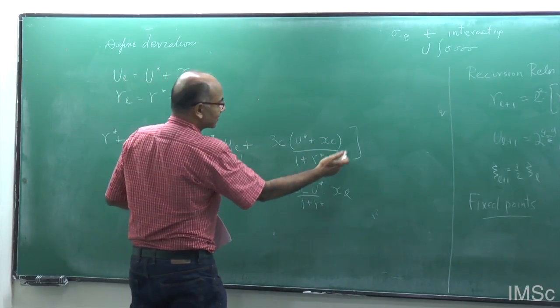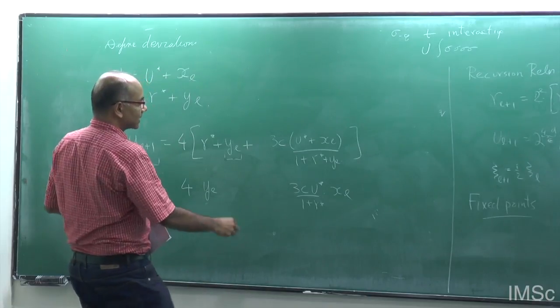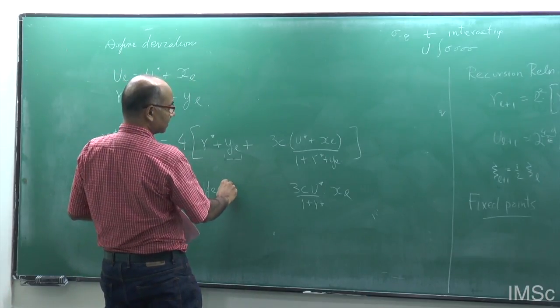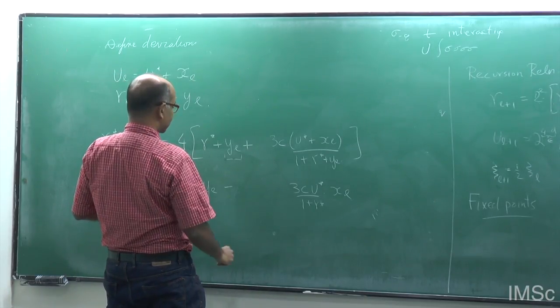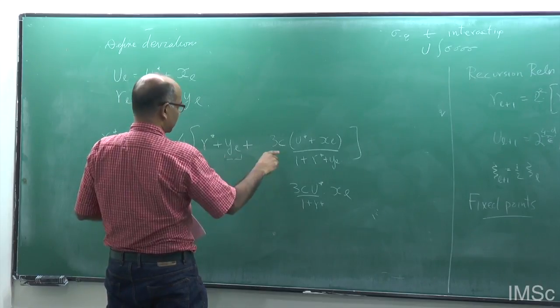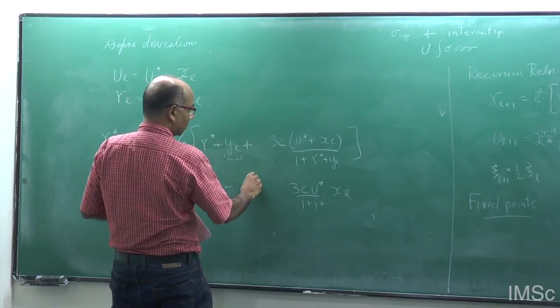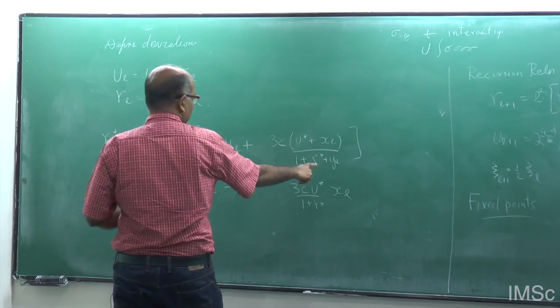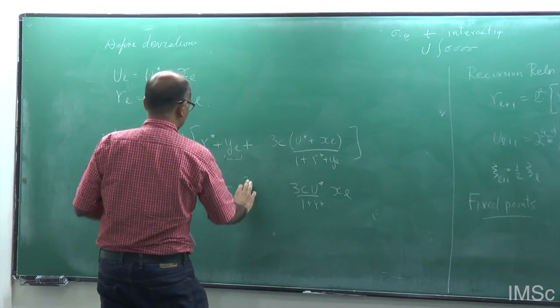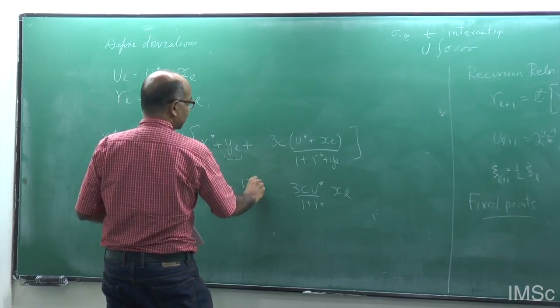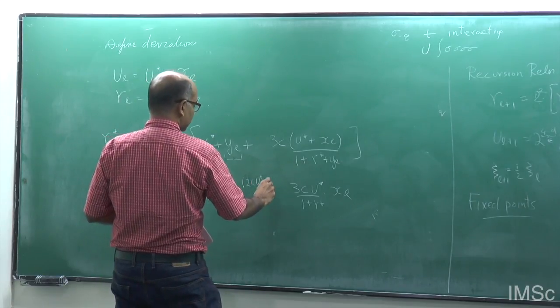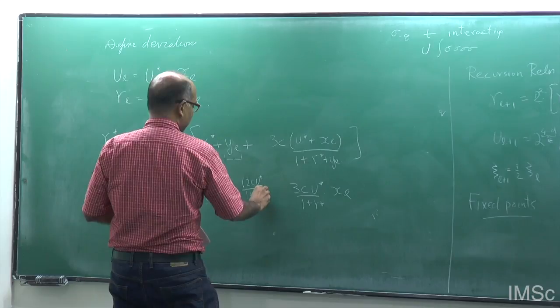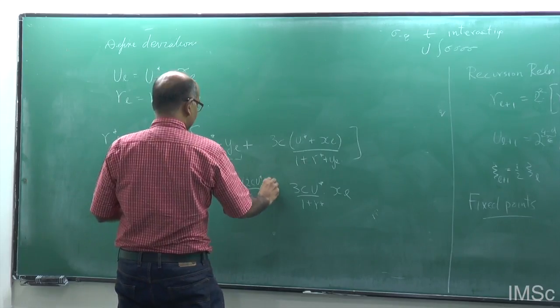And then when you expand this Y_l, you will get some term which is minus 12C U star by 1 plus R star squared Y_l, something like that.